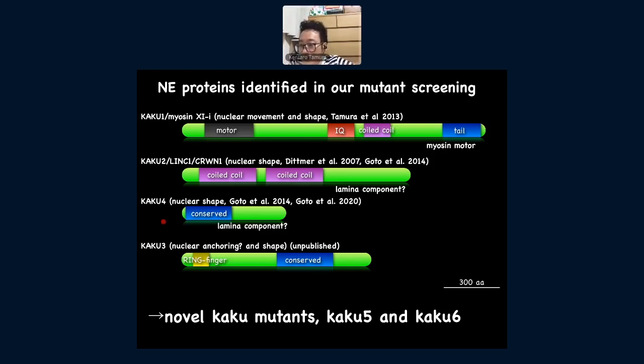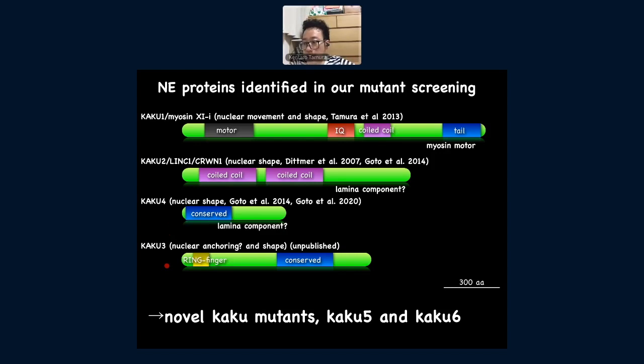Kaku4 is a novel type of nuclear protein, as Christoph introduced, which is conserved in only higher seed plants. If you have a mutation in either CRWN1 or Kaku4, you would get a smaller and more spherical nucleus. Kaku4 shares its function with CRWN1, and Kaku4 also interacts with CRWN1. We therefore suggest that Kaku4 is also a component of the plant lamin-like structure and works together with CRWN1.